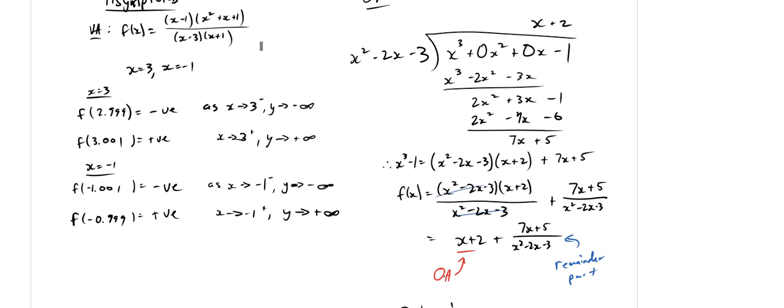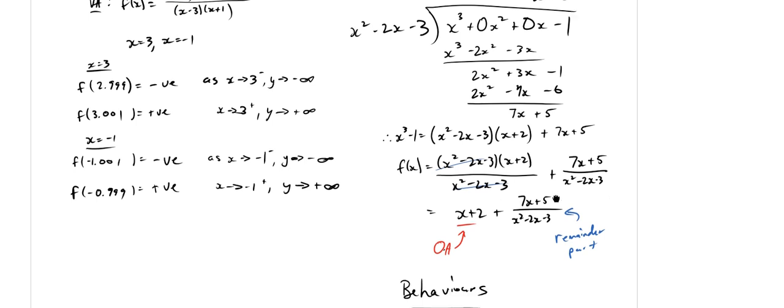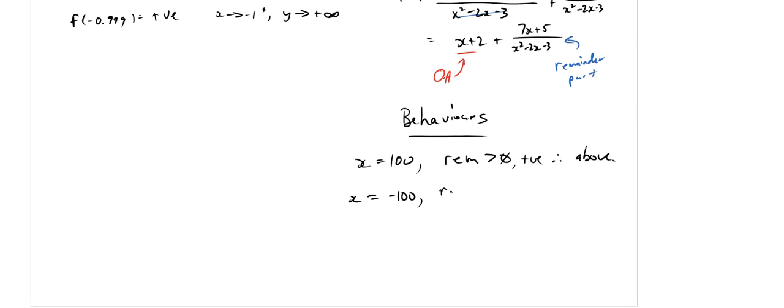Both of those bottom brackets will be negative as well. So I have 3 negatives overall, right? So in this case, the remainder is definitely less than 0 or negative. Therefore, it's below. Questions? We got all the details we need. Now we can sketch.